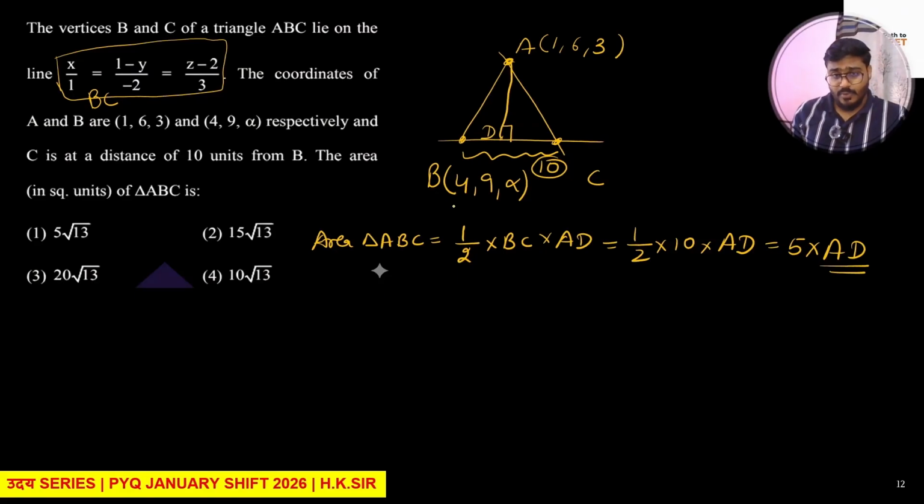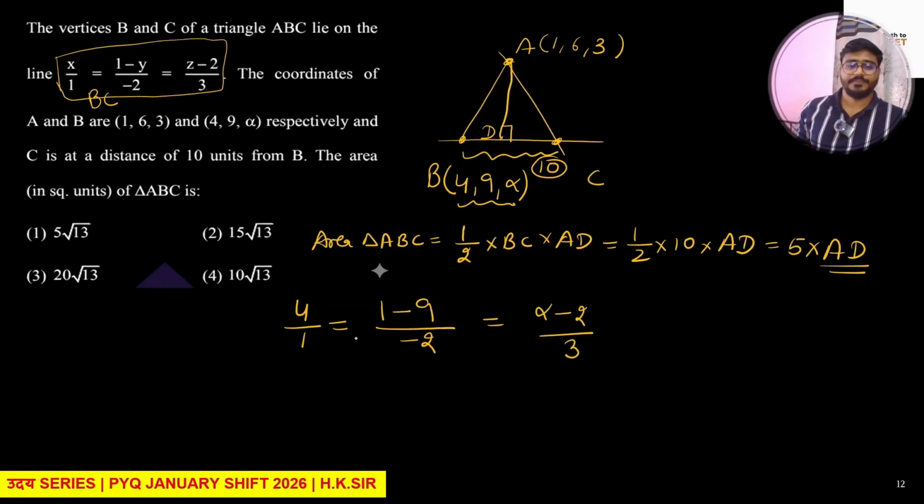So this point B must satisfy this line. Put this point B in this line. So 4 upon 1, 1 minus 9 divided by minus 2 equal to z minus 2 divided by 3, where z is alpha. From here we can find the value of alpha.